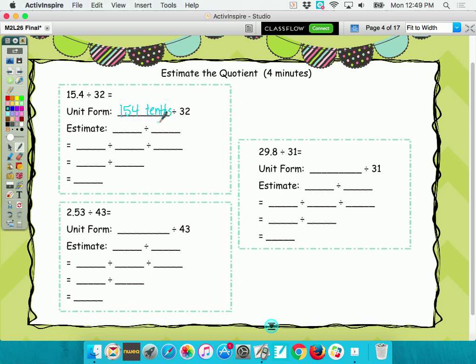What could I make 154? 150. Now I've got to put the decimal back in. So it's 150 tenths. So what number is it? 15. So 15 divided by 3 divided by 10.